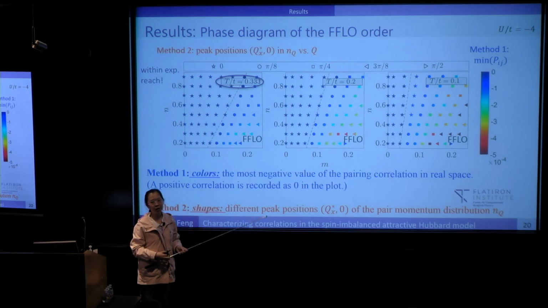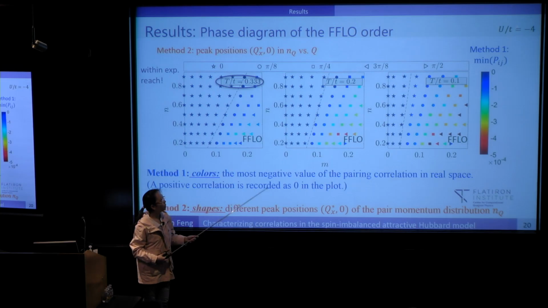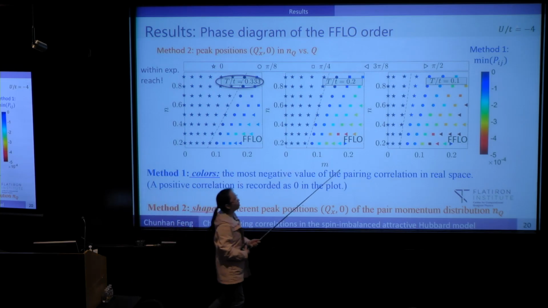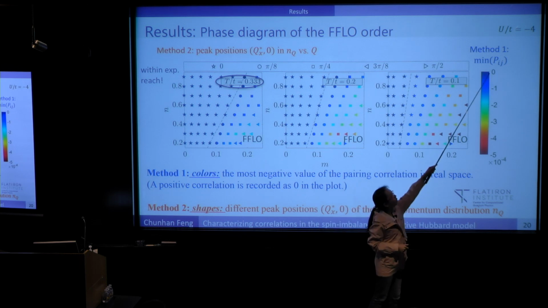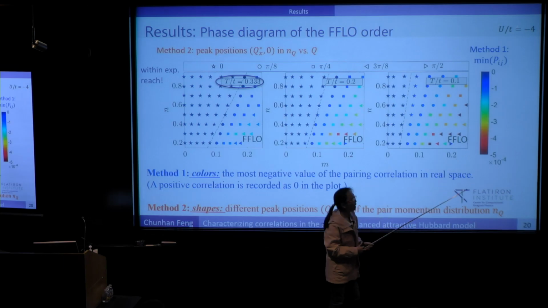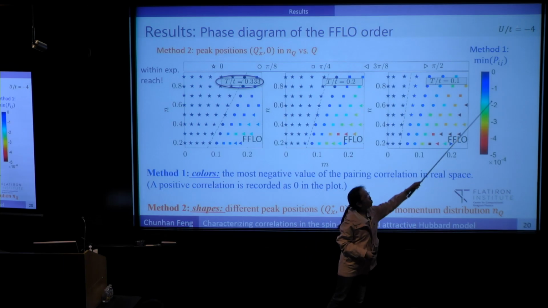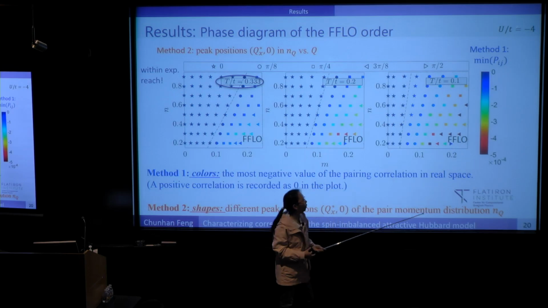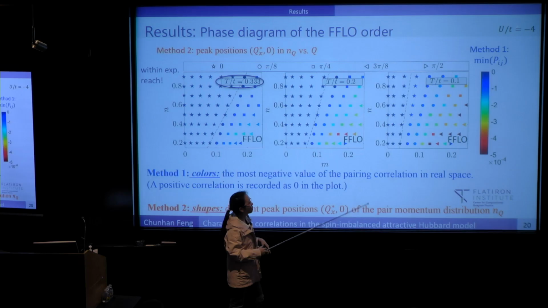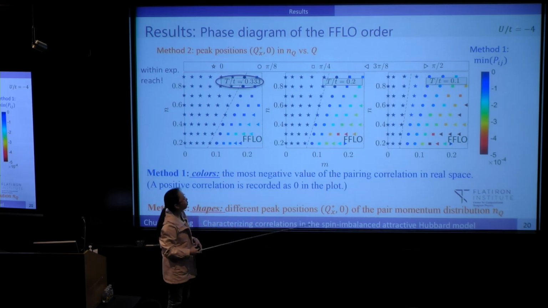And if the correlation is always positive, we just record that value equal to 0 in the plot. So if the value is positive or has some very small negative value, the color would be dark blue, which indicates there is no FFLO order there. And later, if the value becomes more and more negative, that indicates we can clearly see the FFLO order, the first node of it. So basically, the right-hand side of the diagram is the FFLO order.